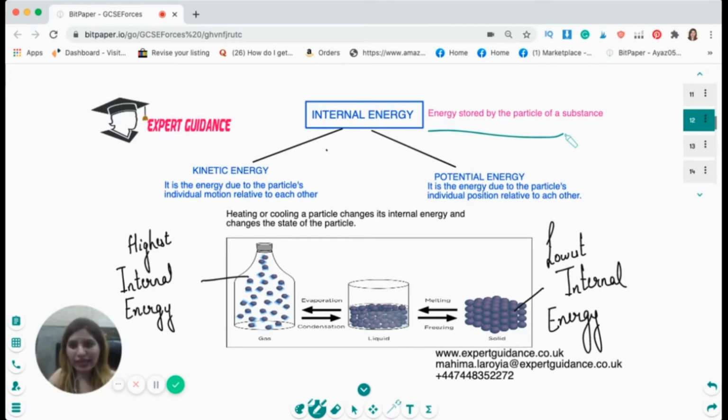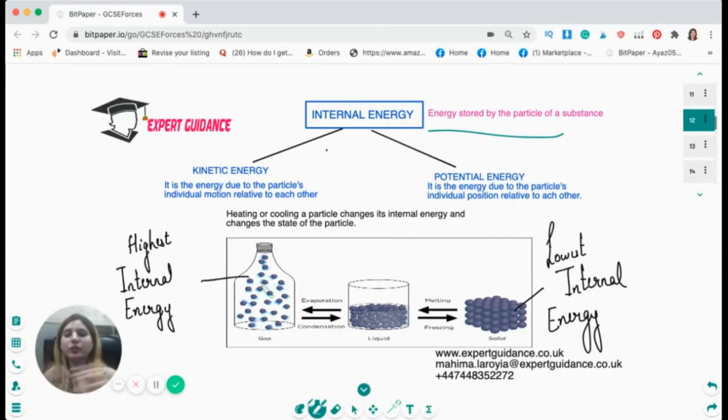The kinetic energy is the energy due to the particles' individual motion relative to each other, and potential energy is the energy due to the particles' individual position relative to each other. So internal energy is nothing but the sum of kinetic energy and potential energy of the particles.